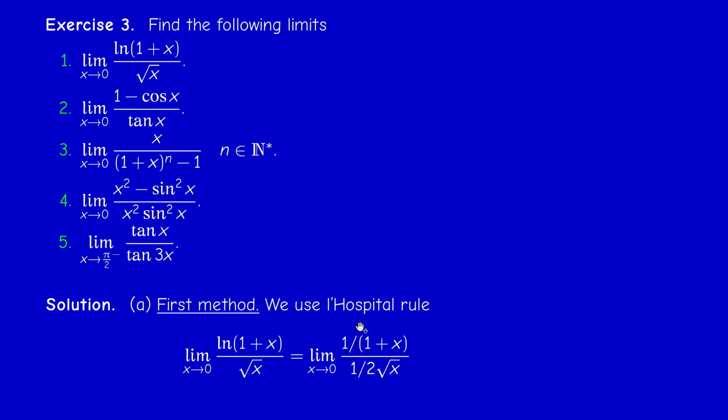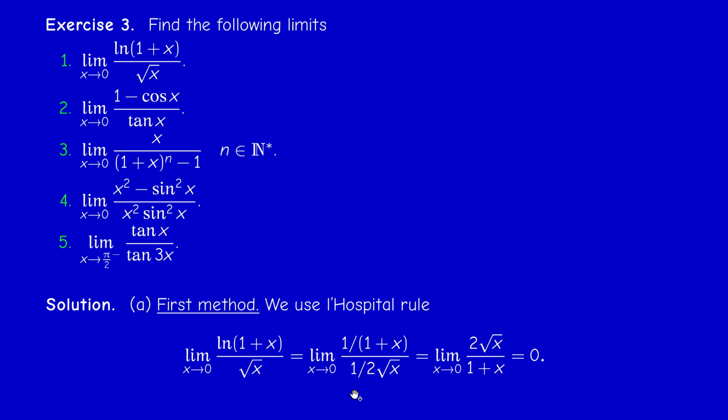If I use L'Hopital rule, of course, because I have something of the form 0 over 0, because ln of 1 plus 0 is 0. So when I differentiate, I get 1 over 1 plus x over this. I don't need to differentiate another time, but I just rearrange this by writing 2 radical x over 1 plus x, and this is easily seen to tend to 0, because just replace x by 0.